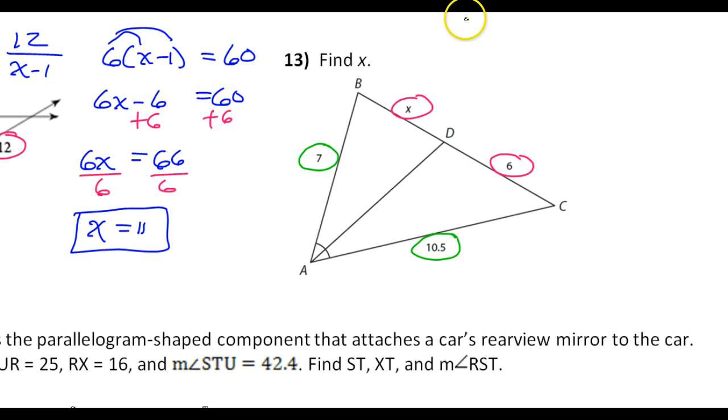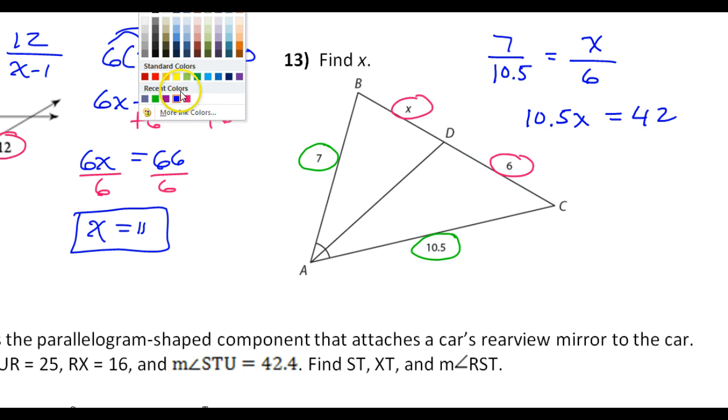So we can set up a proportion that goes, for example, 7 over 10.5 is equal to x over 6. And then we can cross multiply. So I will have 10.5x is equal to 42.